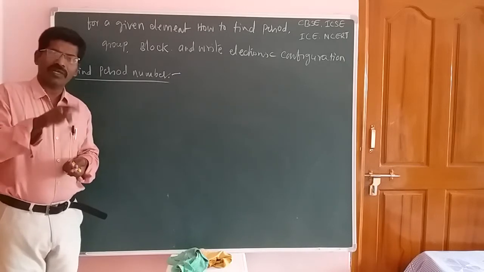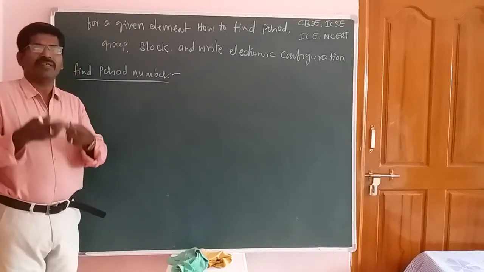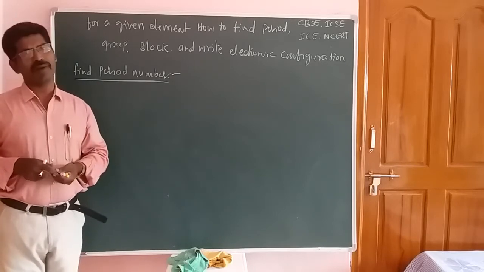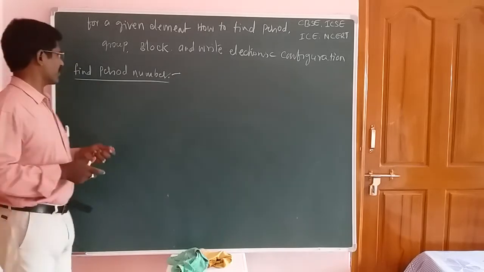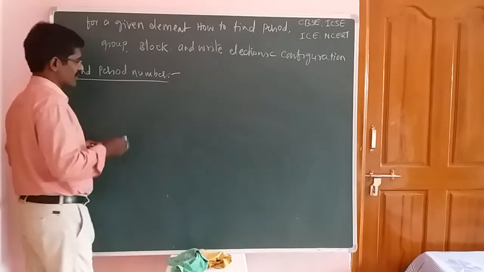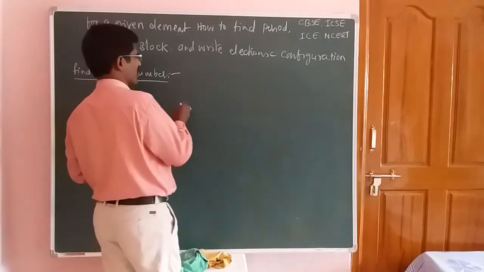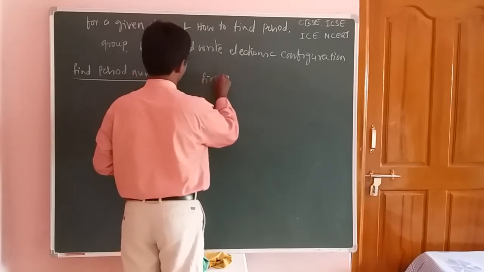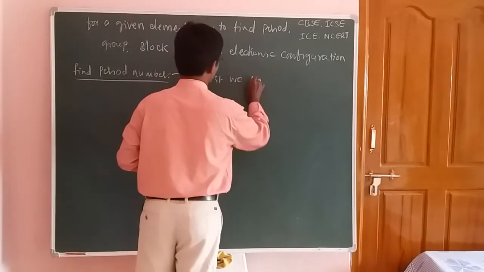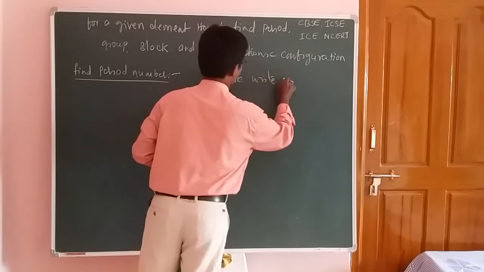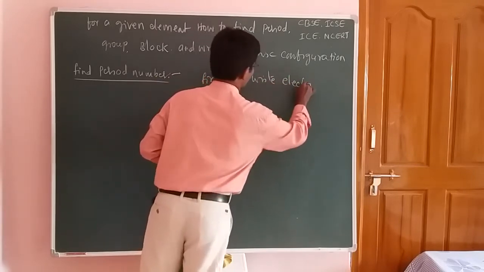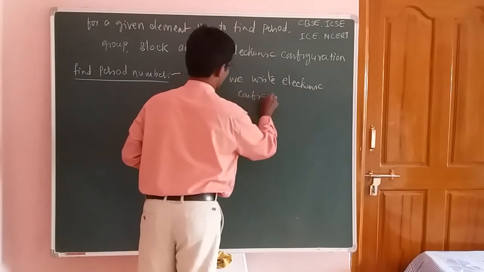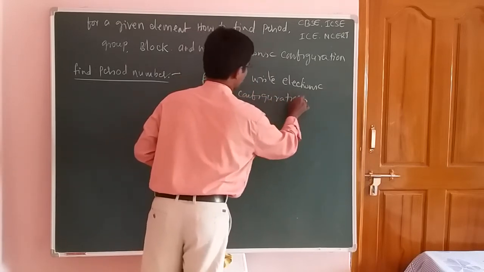When you know how to write it, then it is easy to find the period number, group number, block, and so on. How to find the period number? First of all, you have to write the electronic configuration.